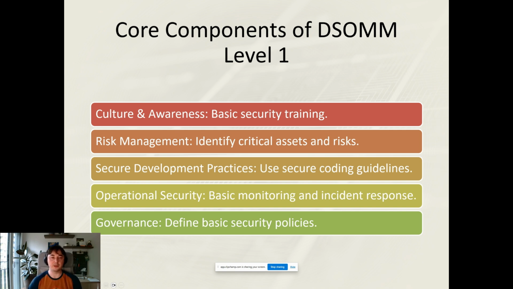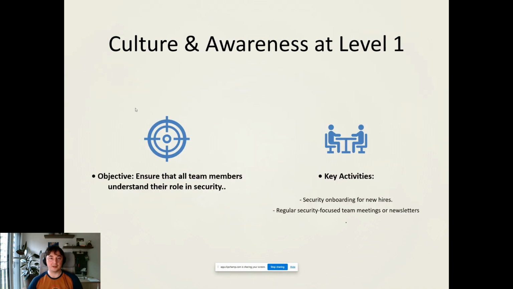And probably let me quickly go into what is required for each of those items, and then we can take a look at the circle diagram of the DSOMM again, and discuss what is over there.